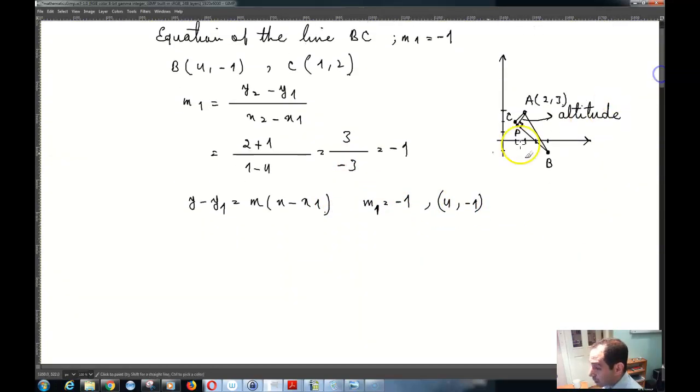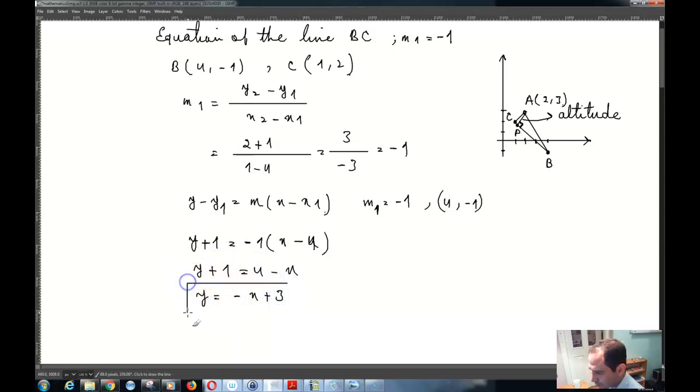Then I can find the equation of the line: y plus 1 is equal to -1 times (x minus 4). So that means y plus 1 is equal to 4 minus x, or y is equal to -x plus 3, since 4 minus 1 is 3. So this is the equation of the line BC.